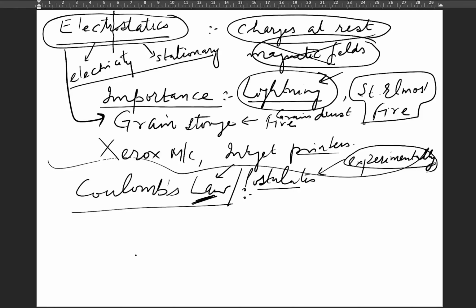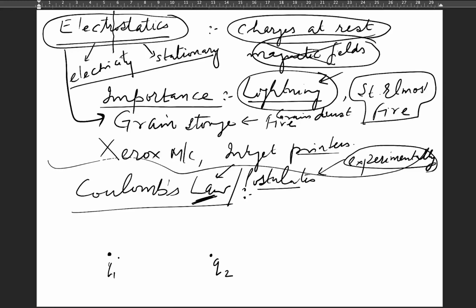Point charges are a theoretical concept where we assume that they have negligible or zero size, which is practically not possible. However, if the charges are so small compared to their separation d, then we can consider them as point charges.